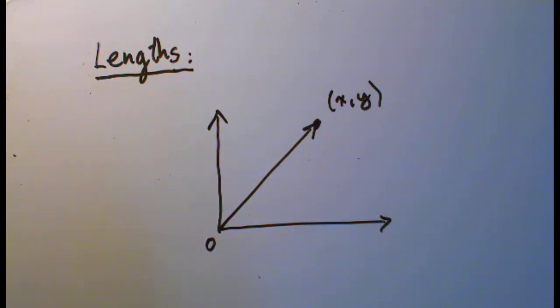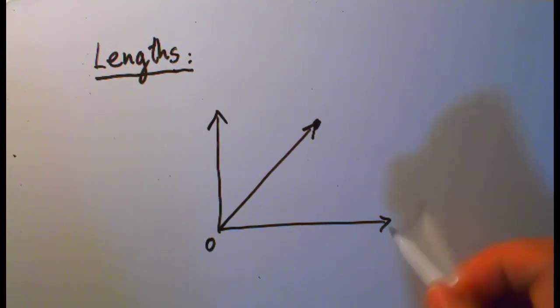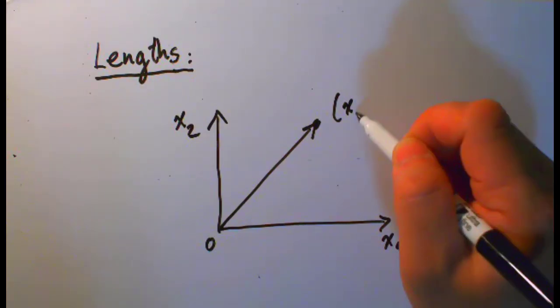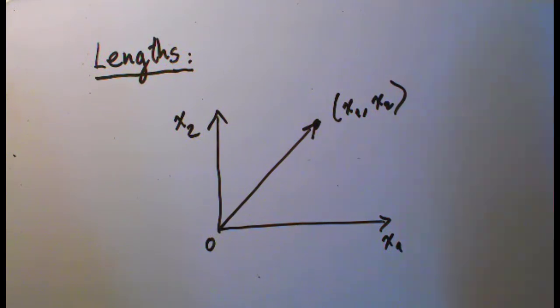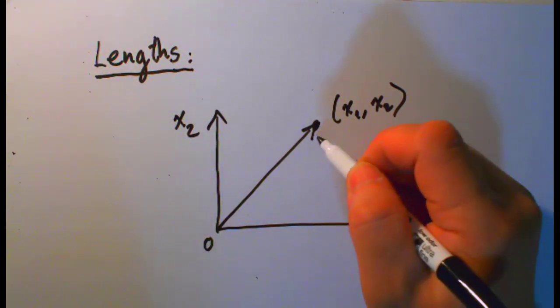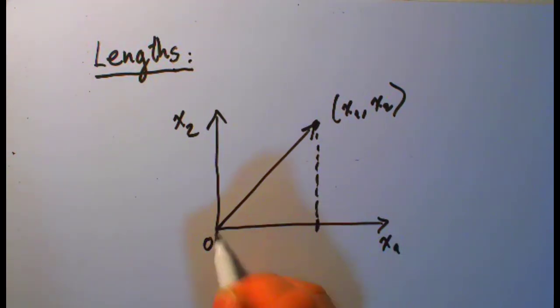This is the x1 component and x2. So this point right here is x1, x2. Geometrically, x1 is this length. That's x1.